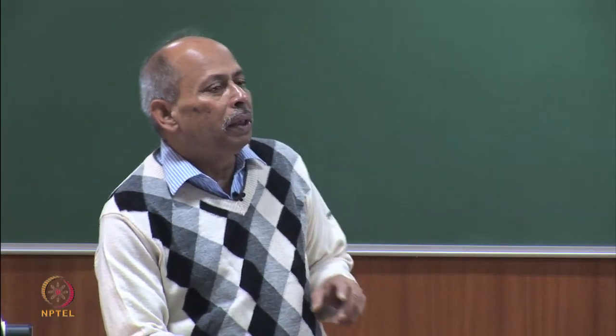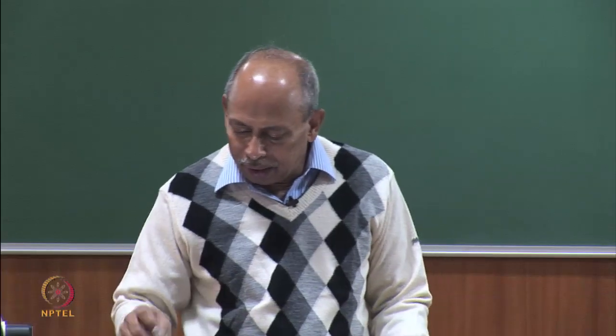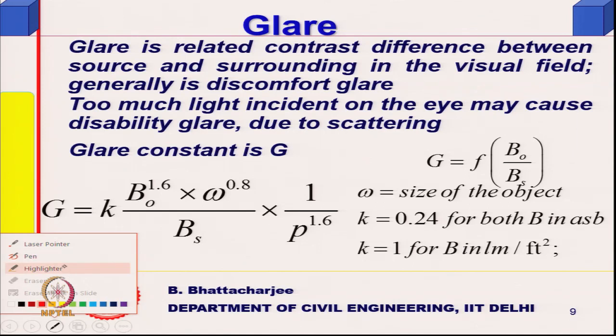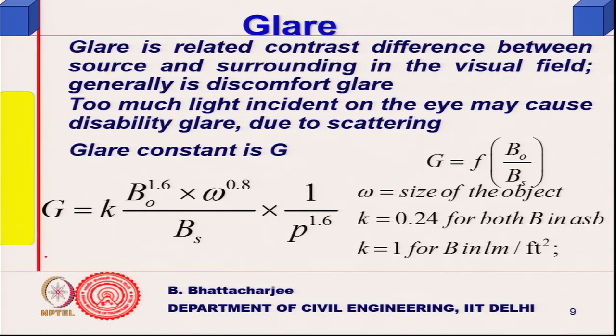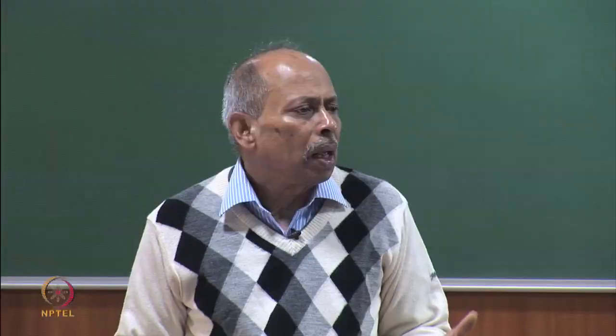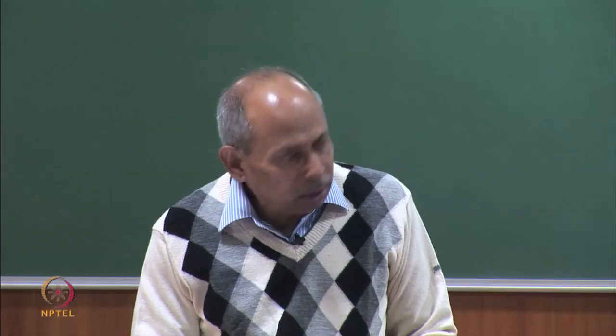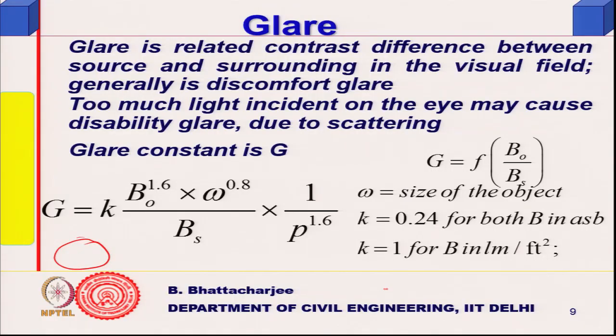For example, you consider a source like, supposing I have a spherical source, a globe, let us say 5 centimeter radius or something like that, and the observer is somewhere there.